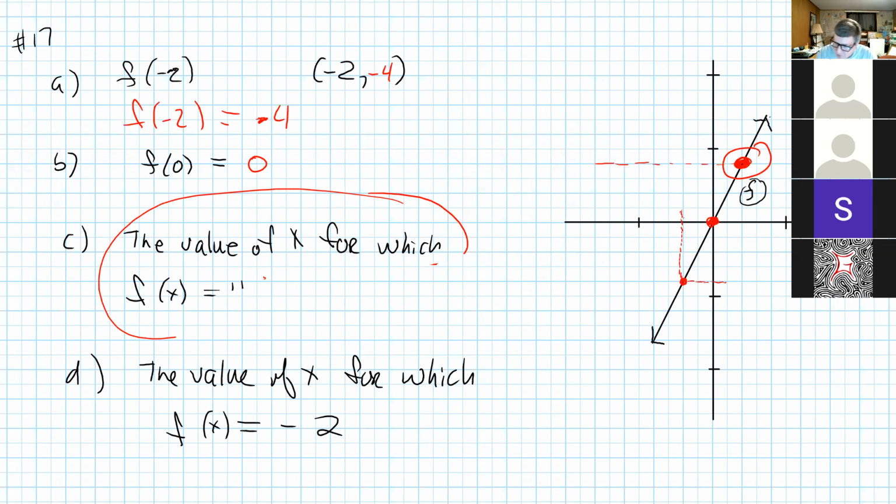Y. So where on this graph is there a point that has a y value of -2? Right there. Y is -2 right there. So what's x? -2. No.